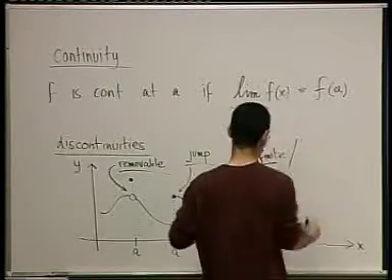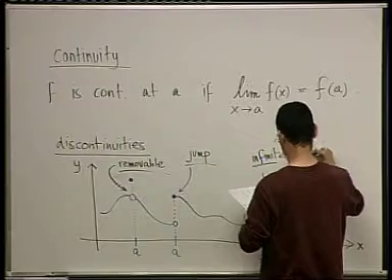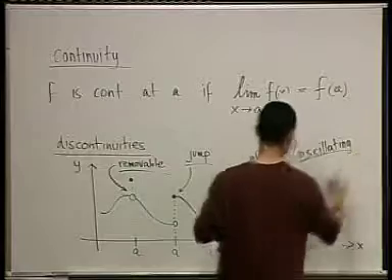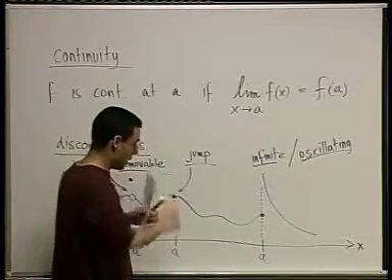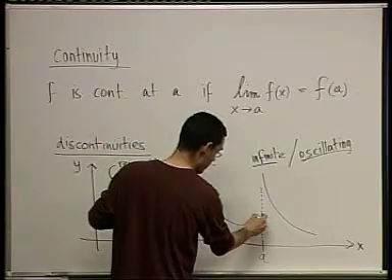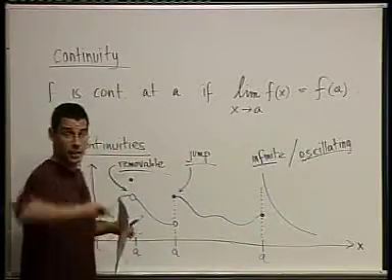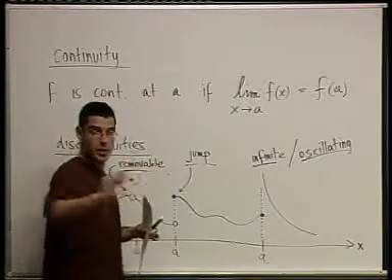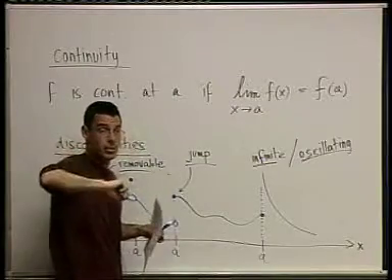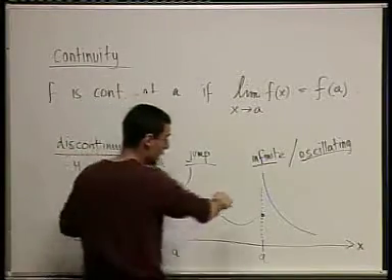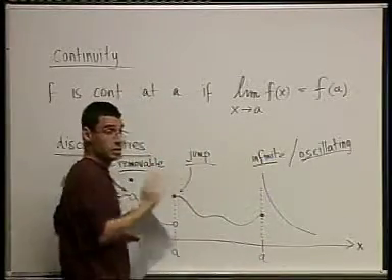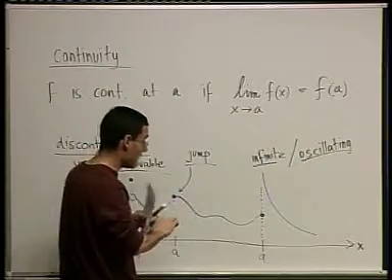You would also find the terminology oscillating discontinuity, stemming from the situation where you have something like sine of 1 over x. Remember sine of 1 over x, that accordion phenomenon, where there's no limit because it oscillates like crazy? That's the situation where the limit doesn't exist at all, at least from one of the sides.